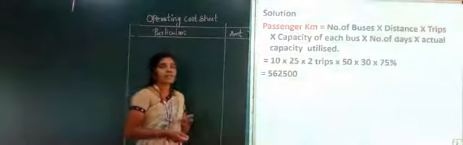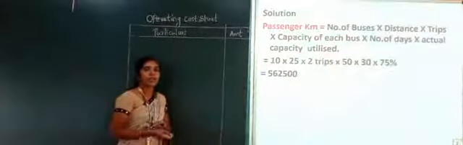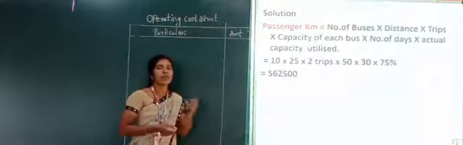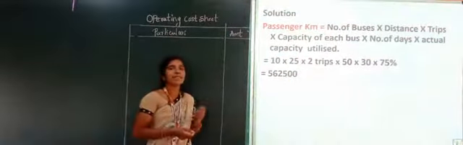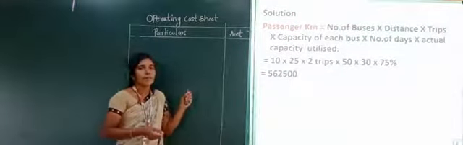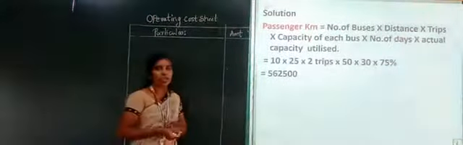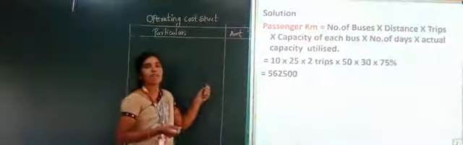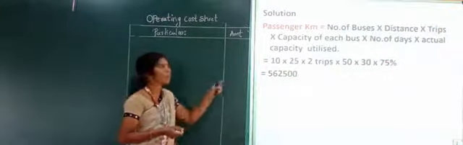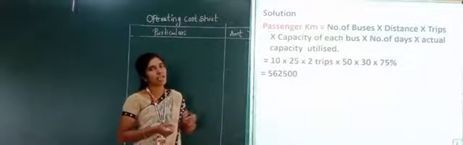Here number of buses is 10, into distance 25 kilometer between Hubli and Dharwad, into 2 trips, into 50 sitting capacity of each bus, into 30 days because it is the month of April, into 75% actual capacity utilized. Total passenger kilometer will be 5,62,500. That is the first step.